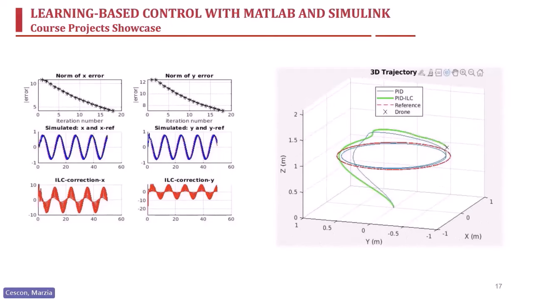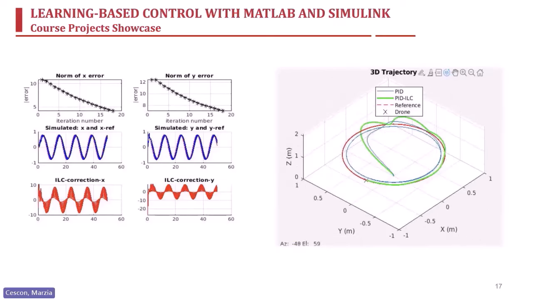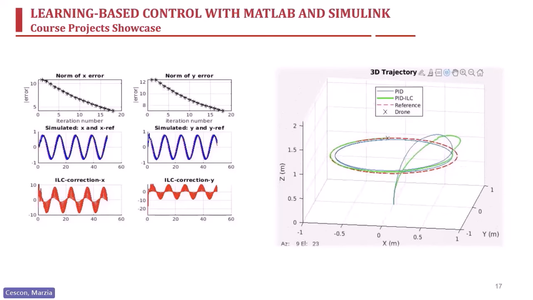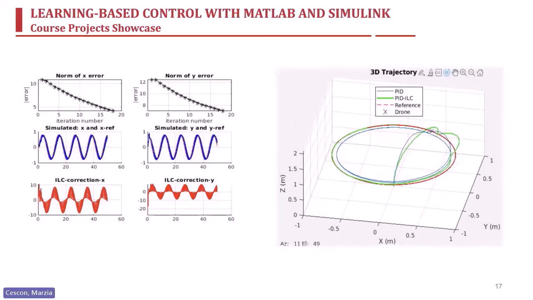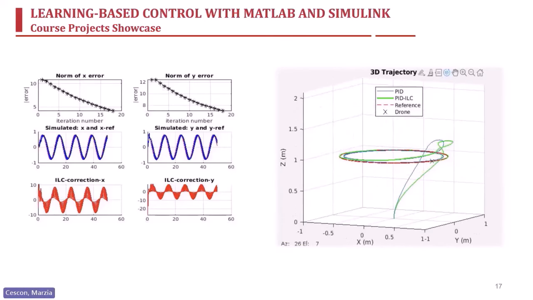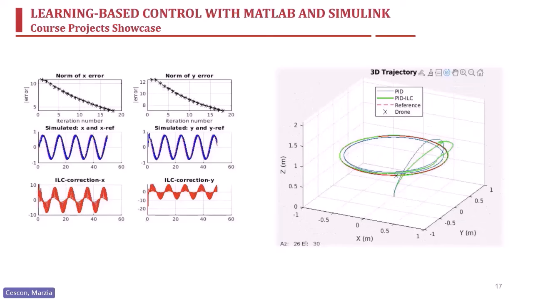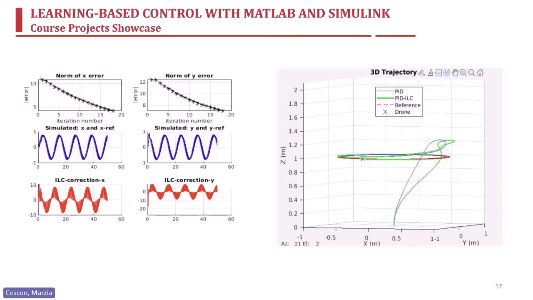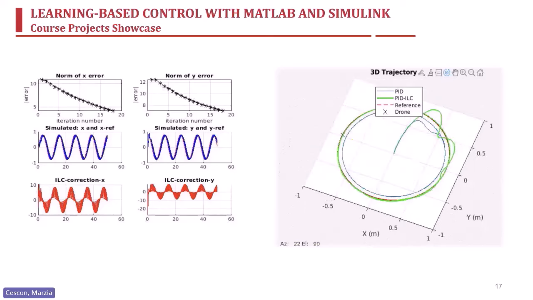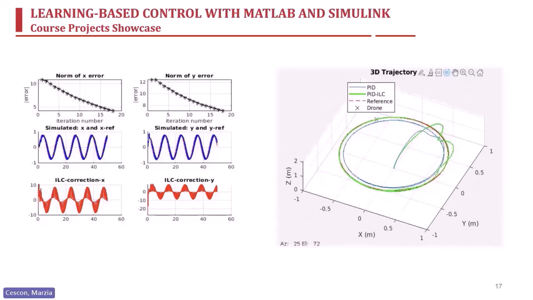In blue is the original PID, the green is the PID with the iterative learning controller on top, and the reference is the orbital trajectory in red. And you see how after the takeoff, it reaches the correct altitude, and then it follows the trajectory in the X and the Y, in pitch and roll.